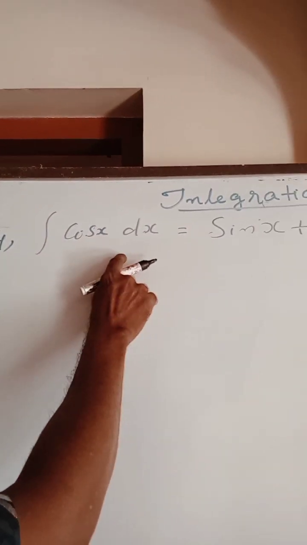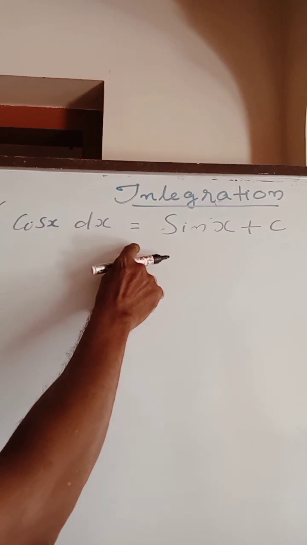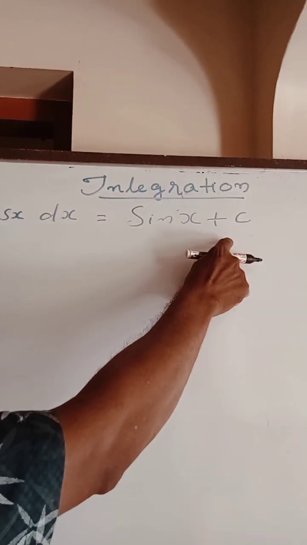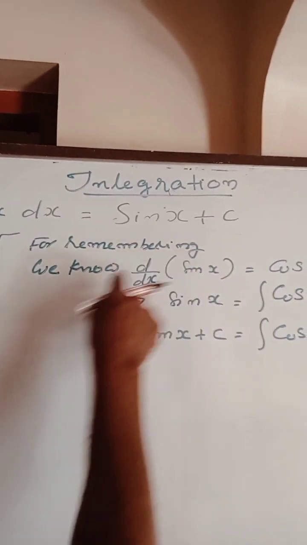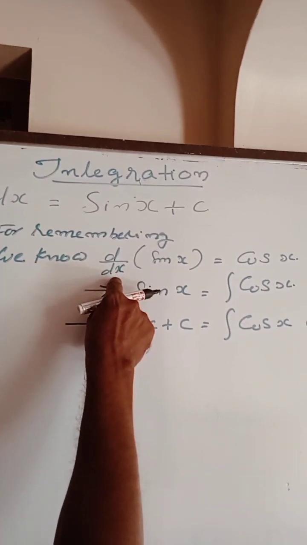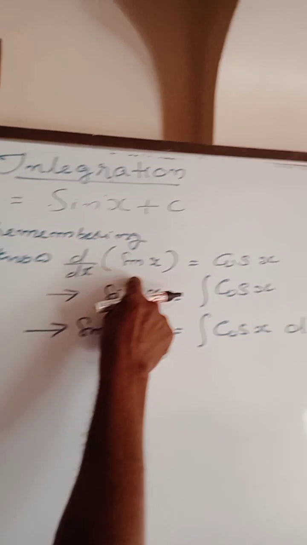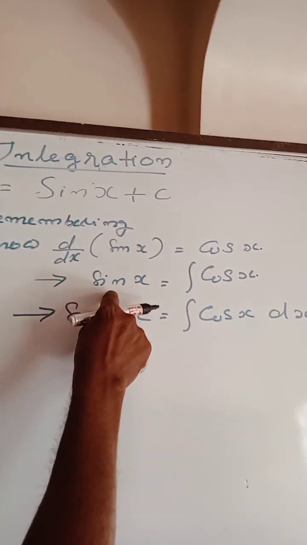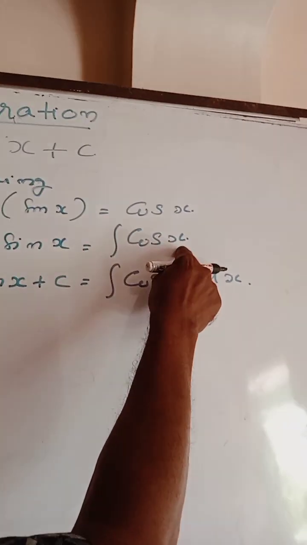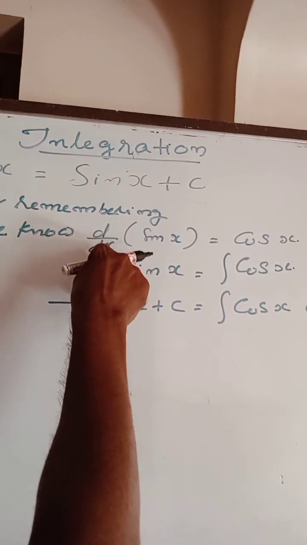Fourth one, integration of cos x dx is equal to sin x plus c. For remembering, we know d by dx of sin x is equal to cos x, which implies that sin x is equal to integration of cos x.